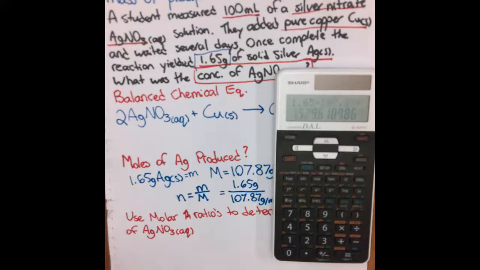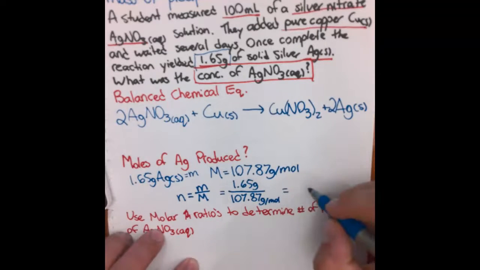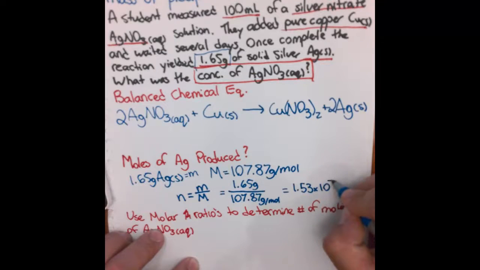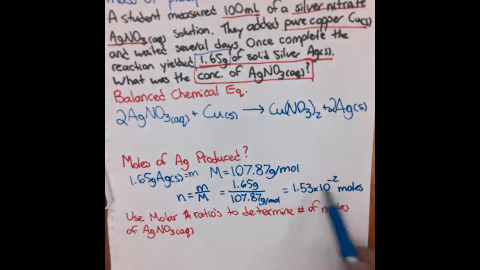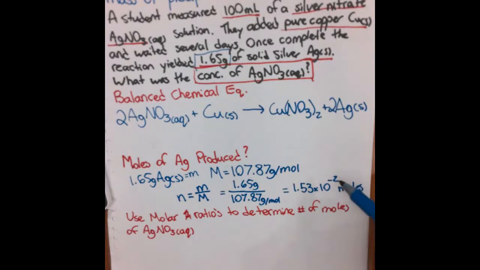That gives me a rather small number, 1.53 times 10 to the negative 2, so that's our number of moles: 1.53 times 10 to the negative 2 moles. If you want to write this as 0.0153, that's fine as well. I just prefer scientific notation, it keeps everything a little bit cleaner.